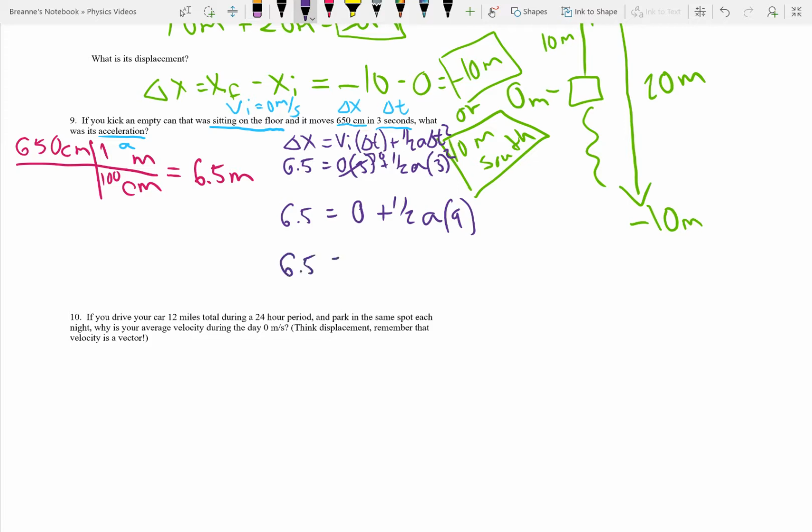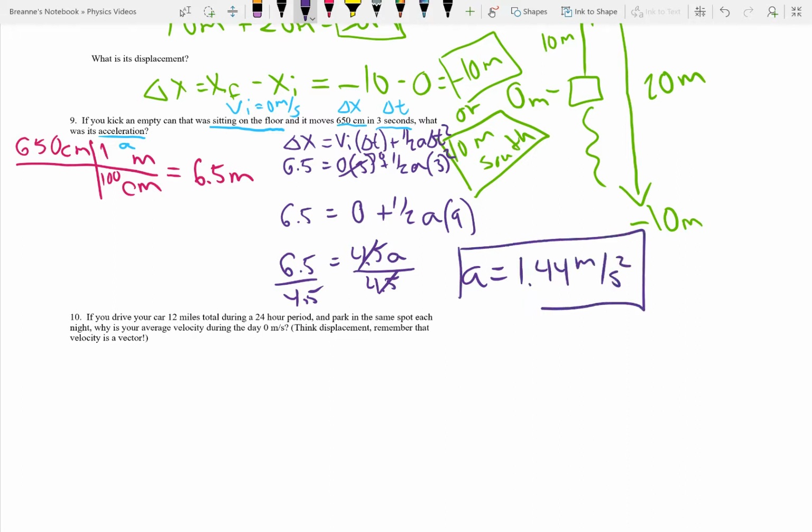So you can get 1.5 equals 9 divided by 2, because multiplying by 1/2 and dividing by 2 is the same thing. So you get 4.5a, we want a by itself, being multiplied, so the opposite of multiplying is dividing. So your acceleration will end up being 1.5 divided by 4.5, which will end up giving you 0.33. Don't forget your units, meters per second squared.